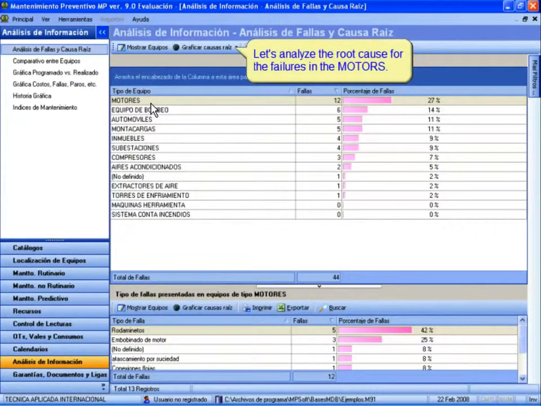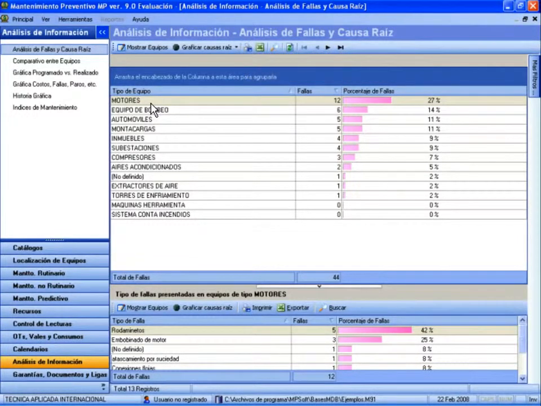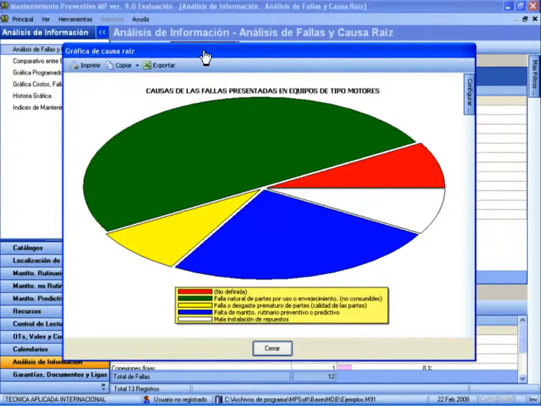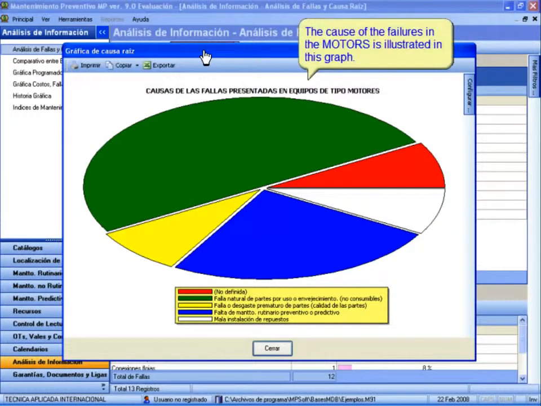Let's analyze the root cause for the failures in motors. The cause of the failures in motors is illustrated in this graph.